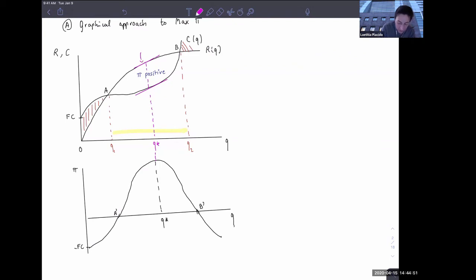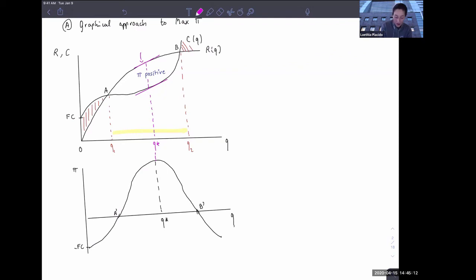Okay, all right, so this is the slope of the total revenue curve. Okay, how do we call the slope of the total revenue curve? Someone? Okay, no one? So the slope of the total revenue is what we call the marginal revenue.